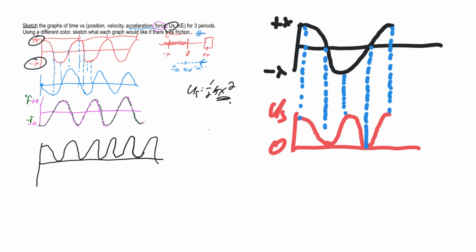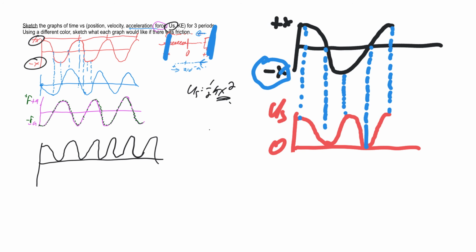So that would be for one period. Notice it looks like there's 2 periods in one period, and that's because, again, the negative x is going to be maximized twice, right? Or US is going to be maximized twice. Once when it's at the full positive x, and once when it's at negative x.